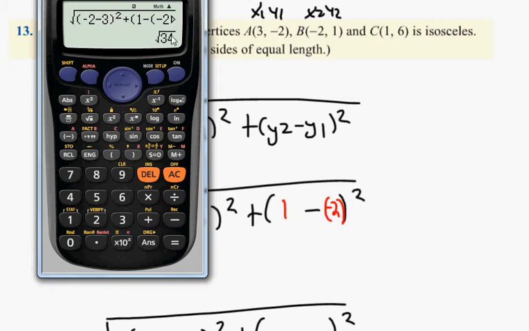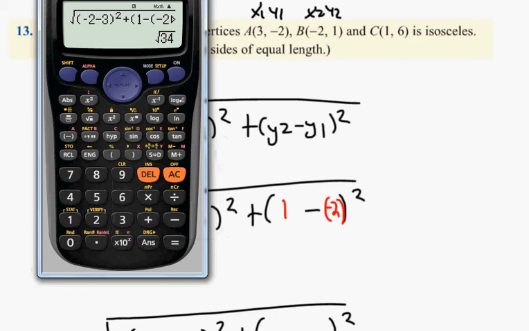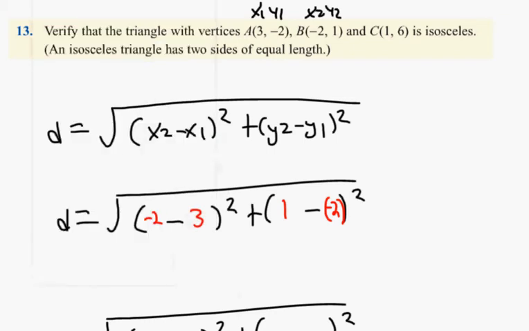What you get there, guys, is root 34, which is 5.83. So what we've learned from this first one is that the distance of AB is root 34.